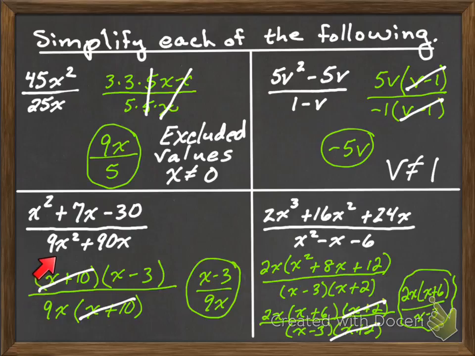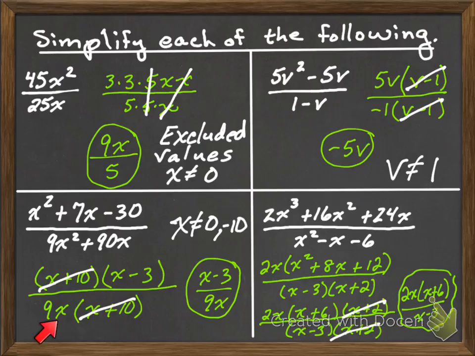In the next problem, you want to look at the factored version because it's easier to pick out what x cannot be. Here we have this factor multiplied by this factor. If any factor is 0, that would cause your denominator to be 0. So that means x cannot be equal to 0 or negative 10 in this problem.